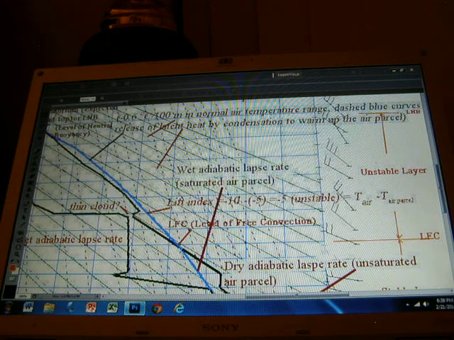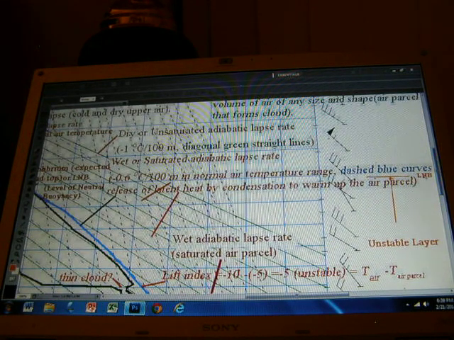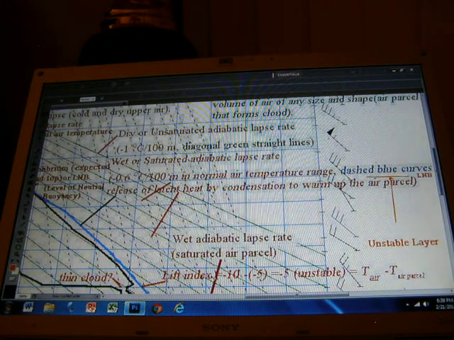From the level of free convection all the way to the level of neutral buoyancy, here you can see the air parcel's temperature is warmer. So the air parcel has a buoyancy to rise without lift force.